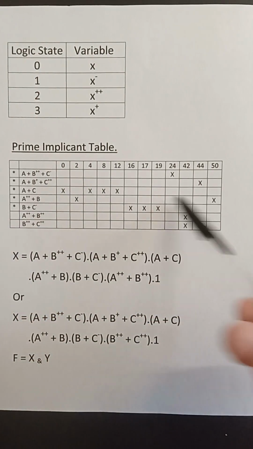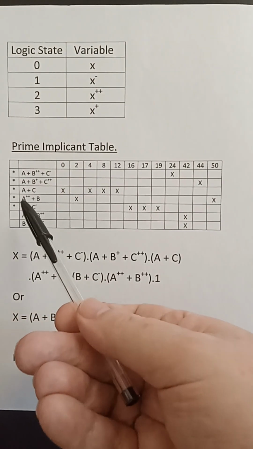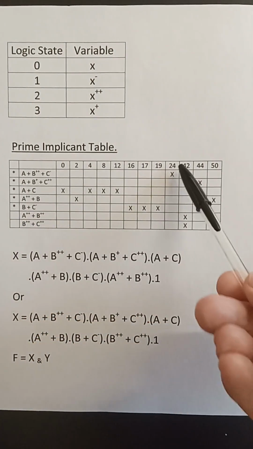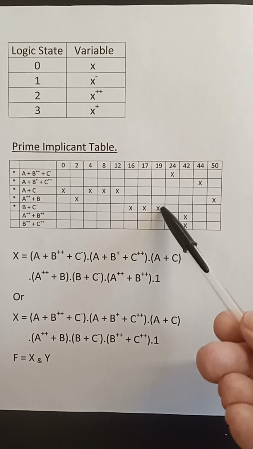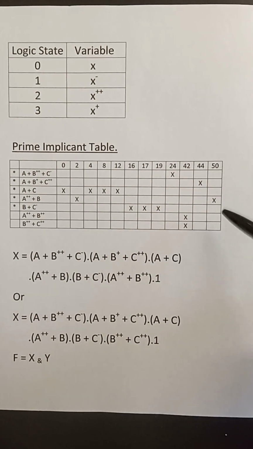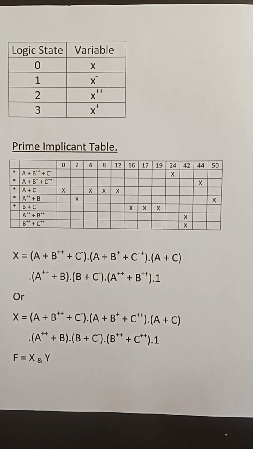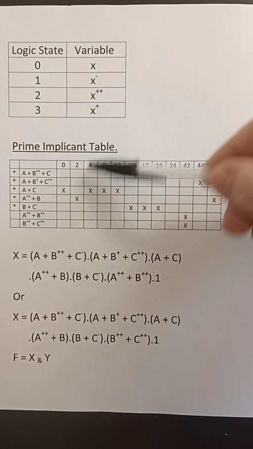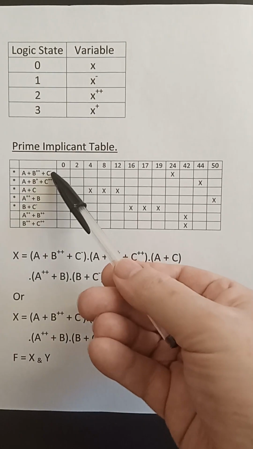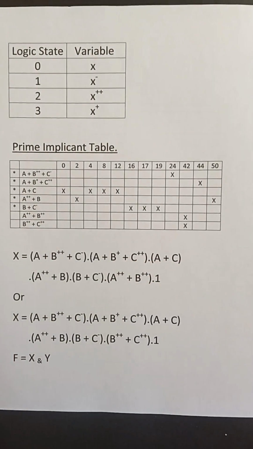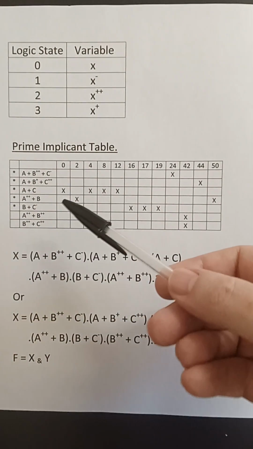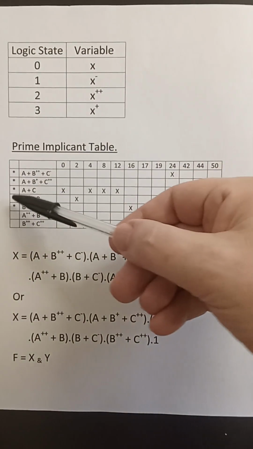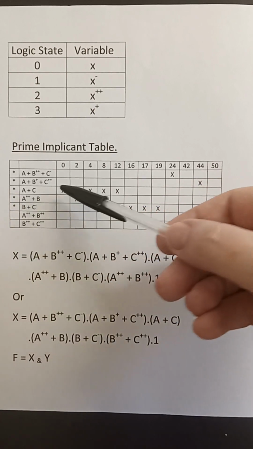When a term covers a value of n, you mark it with an x in the column that it denotes. So again, the idea is to cover all the values of n with the least number of terms possible. You look for a column with one x in it, and that denotes an essential prime implicant.